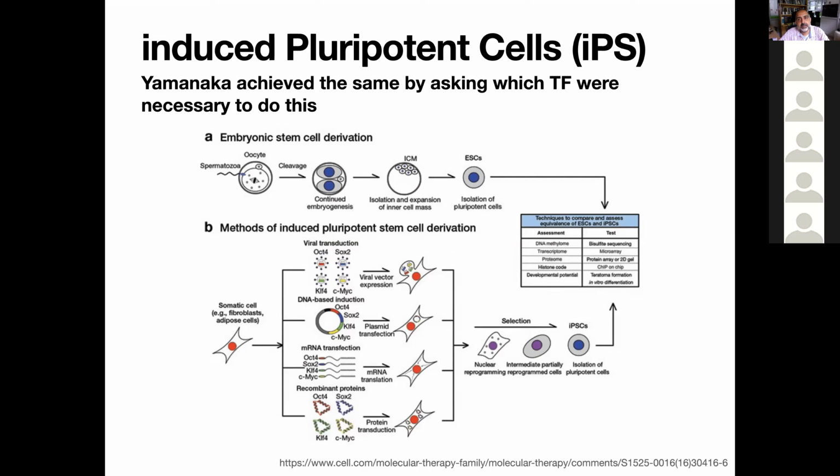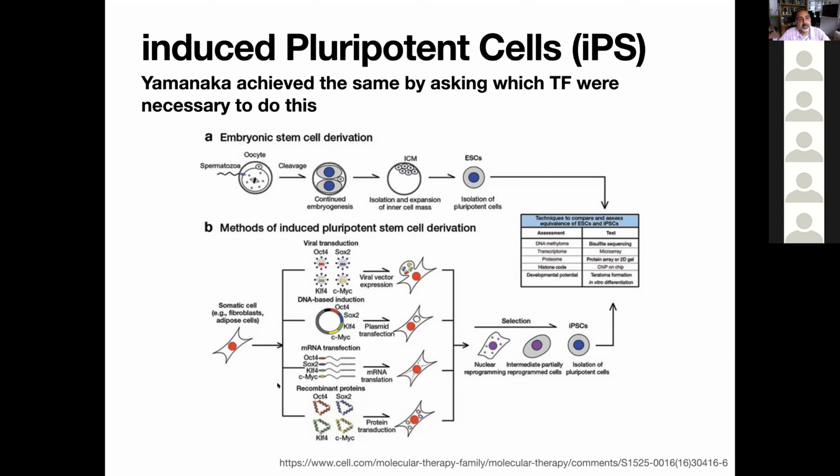What he found was that you could put in these four genes, which are now called Yamanaka factors: OCT4, SOX2, KLF4, and c-MYC, into any somatic cell, fibroblast cells, adipose cells, neuronal cells, and then after some time, at some level of efficiency, these will start forming pluripotent cells.